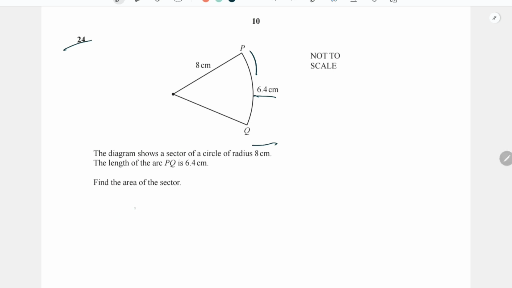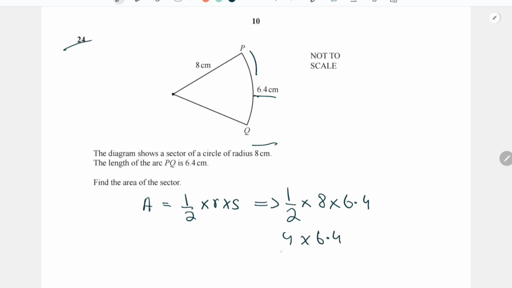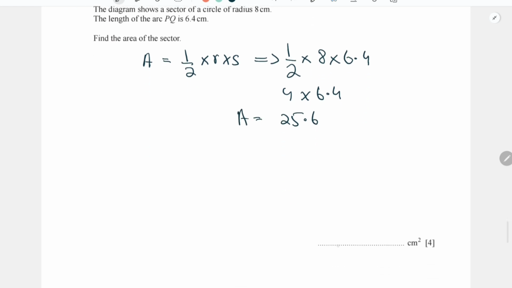We use the formula for the area of a sector, A equals 1 over 2 times r times s. Substituting the values, 1 over 2 times 8 is 4, and 4 times 6.4 is 25.6. So the area is 25.6 square centimeters.